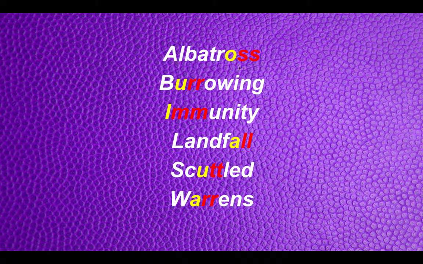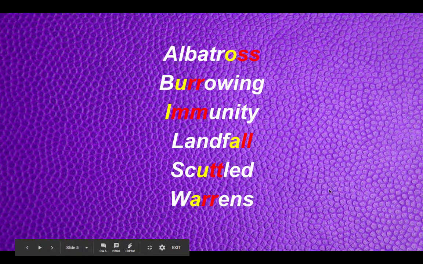We have albatross, and you can see the vowel sound directly before the double letter combination here is O. In burrowing, it is A. Immunity, it is I. Landfall, it is an O sound. Scuttled has A. And warren has O.